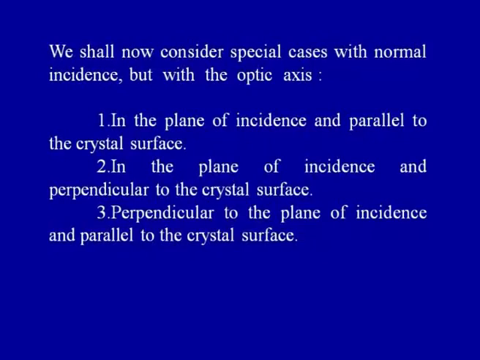With normal incidence again, but with the optic axis in the plane of incidence and parallel to the crystal surface, or in the plane of incidence perpendicular to the crystal surface, or perpendicular to the plane of incidence and parallel to the crystal surface. Let us consider these one by one.